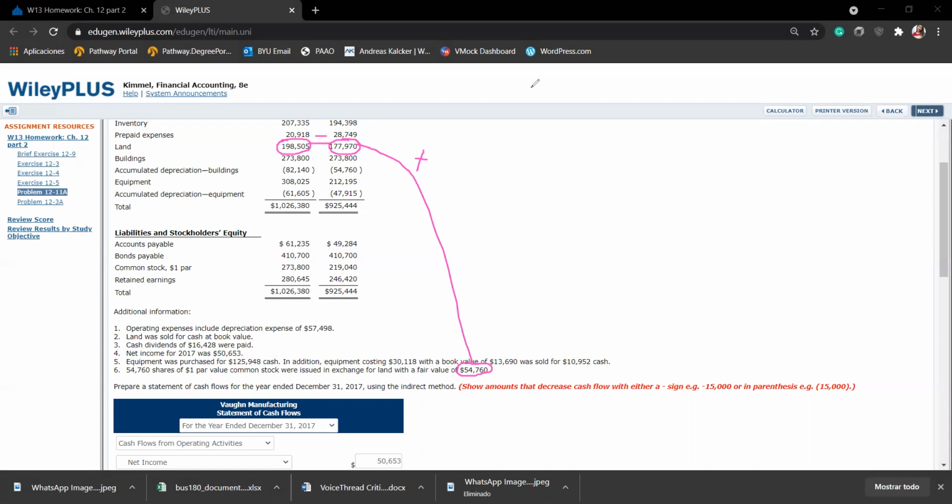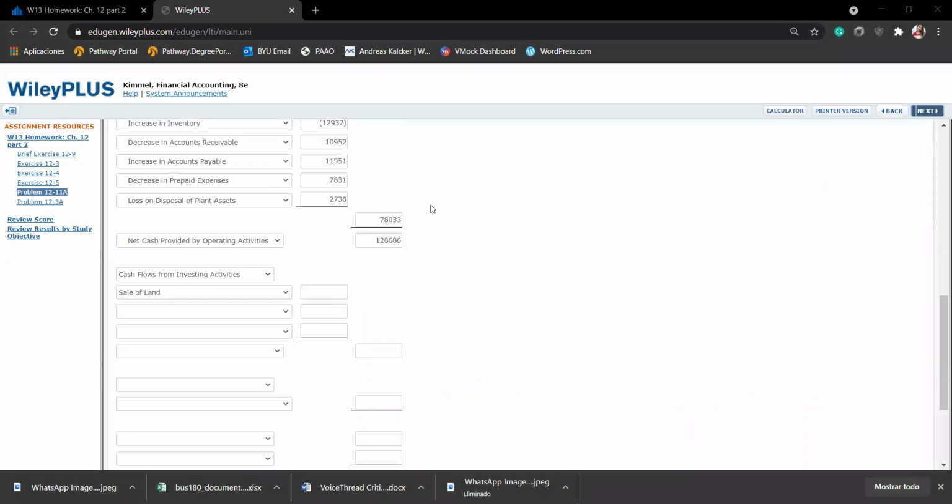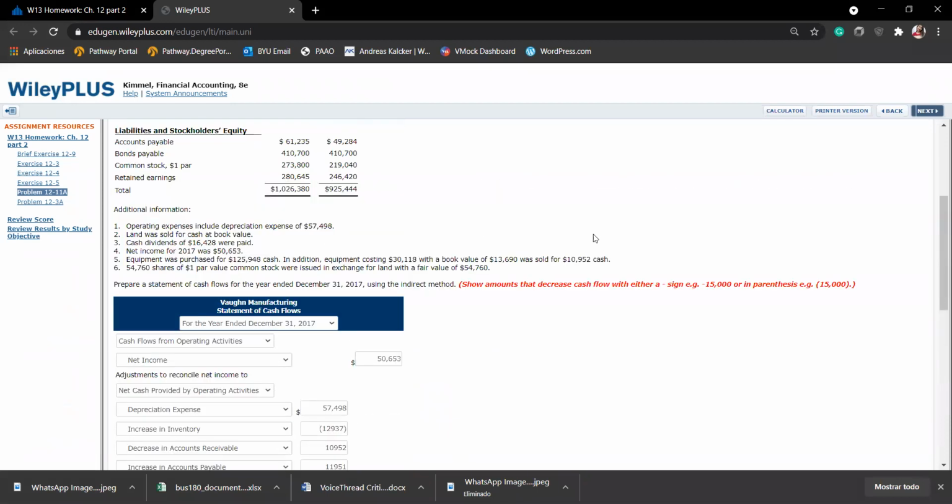Okay. That way we have the sale of the land is this amount. By the sale of that land, we have cash, so it's positive in the cash flow.